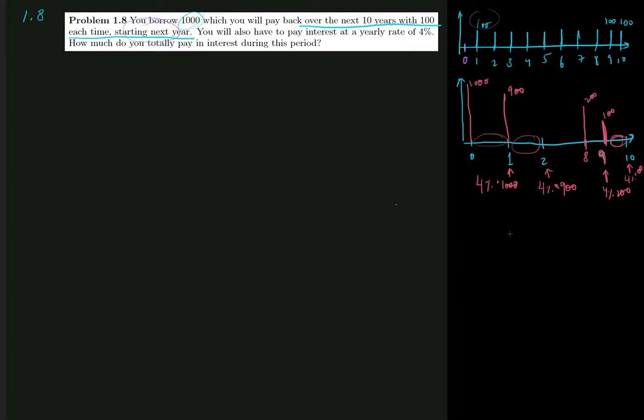So how much do you pay in interest all in all? Well, now this gets a bit tricky, because can we just say that we add these numbers up? That's not really what we've been doing in this course up until now, because time value of money does exist. So we can try to write up what we are actually looking at when we answer the question, how much do you totally pay in interest during this period? Well, it kind of depends, right?